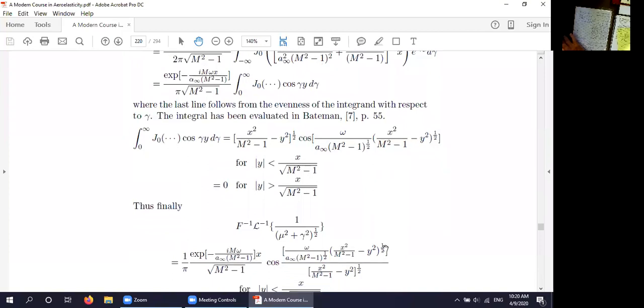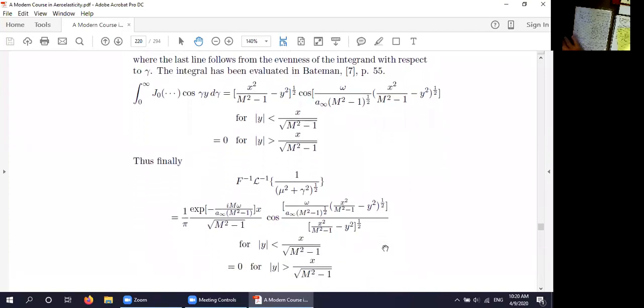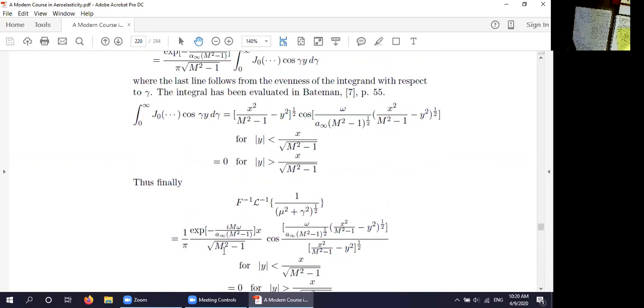But finally, and this is what's interesting to some people, including me, and I hope to you, the double inverse of this factor, which is what we really need, is still this exponential factor, still the square root of M squared minus 1, but now it's the cosine function of all this stuff.